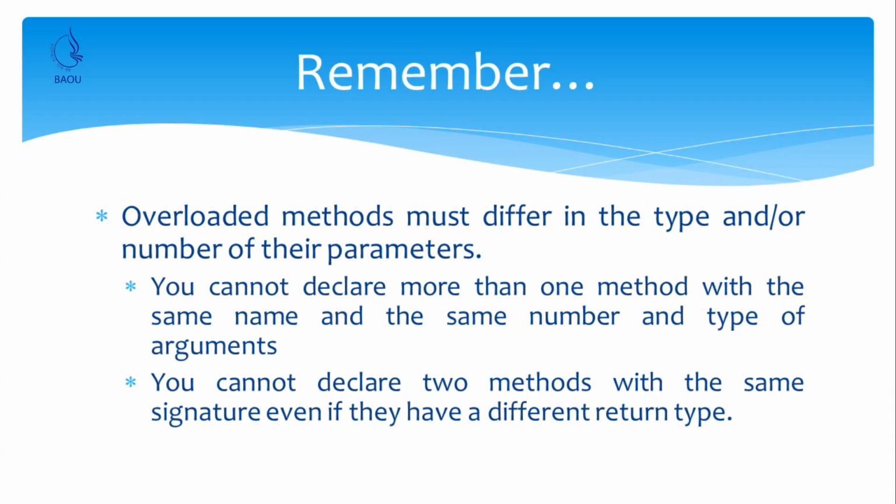Now, what you have to remember is, the first thing is you cannot declare more than one method with the same name and the same number and type of arguments. So, either the number of parameters should be different or their type should be different. Second, you cannot declare two methods with the same signature even if they have a different return type. This is important. Why?